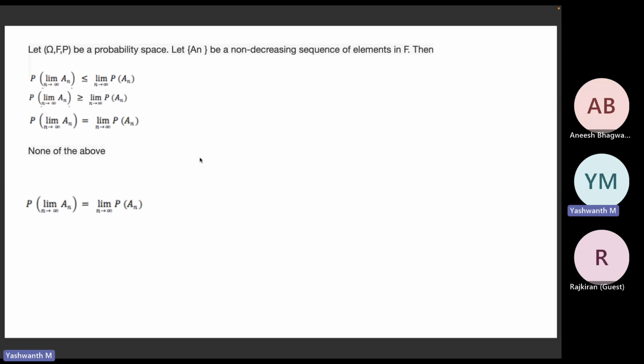This is a very standard result, right? Continuity of probability: you can exchange the limit and the probability. Okay, so this is the answer. Do you want me to prove it? I can prove it for you now, or you can refer to any of the standard texts.